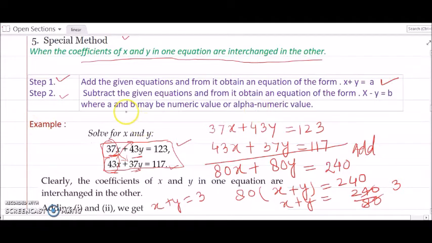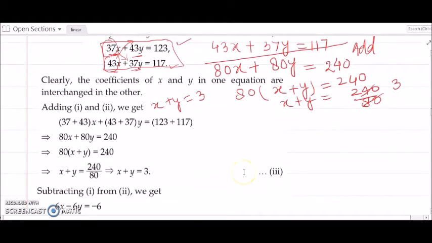In the second step, you have seen, subtract one equation from the other. Now see, once we added, you got this equation, x plus y is equal to 3.